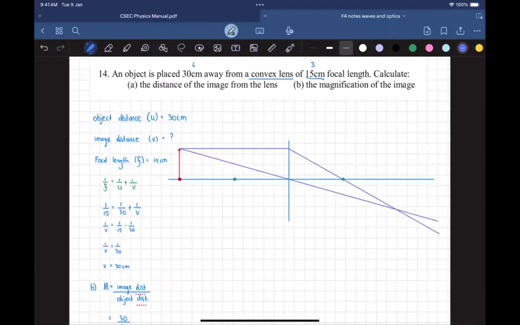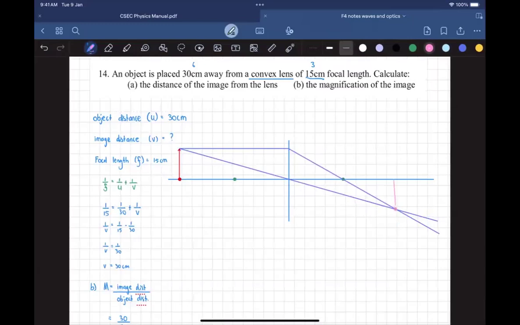So can you show me where my image would be situated? It would be at the point where, like you said, that's actually very accurate.